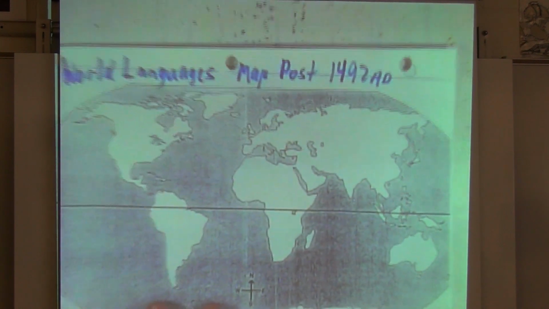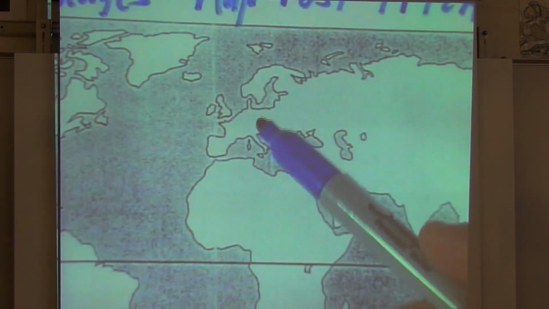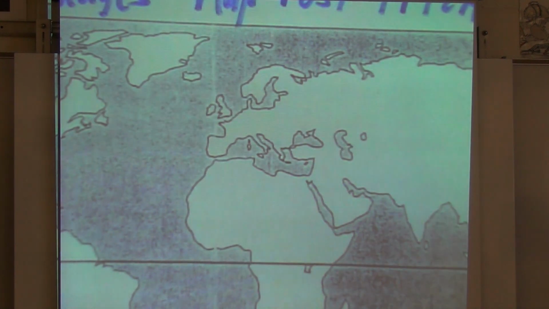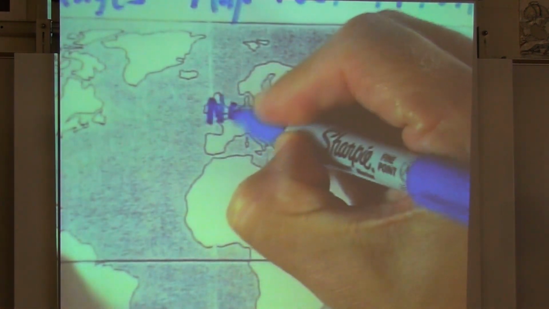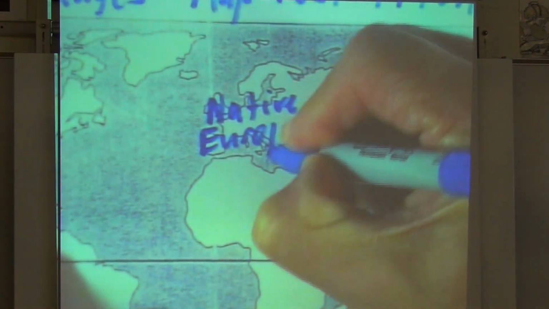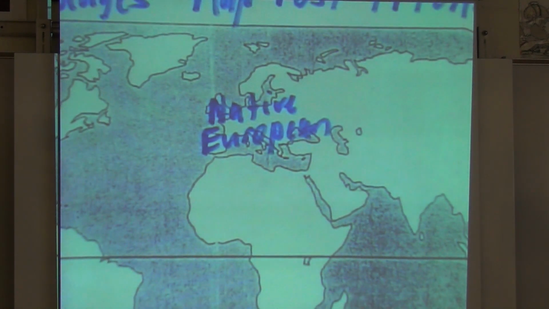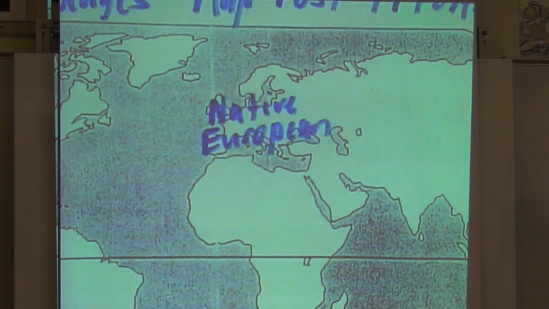Let's go in the same order, shall we? Well, what languages are spoken in Europe? I go through the same list: Spanish, Portuguese, French, English, Italian, German. Really, it's the same. It's native European. All right, native European languages are still the dominant languages of Europe.